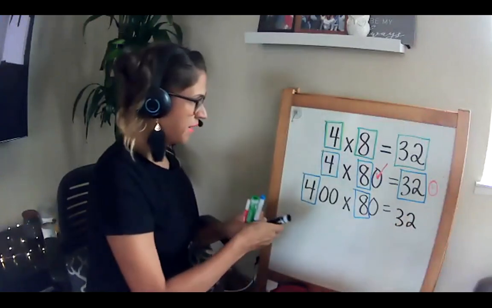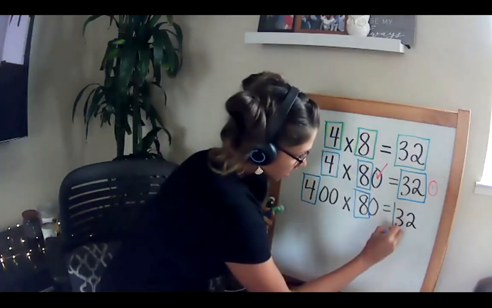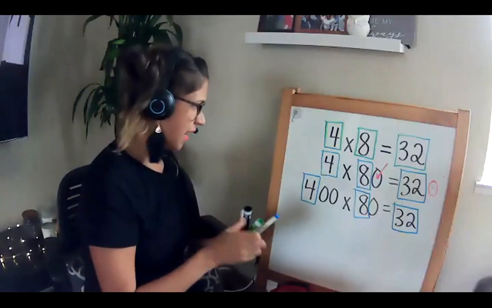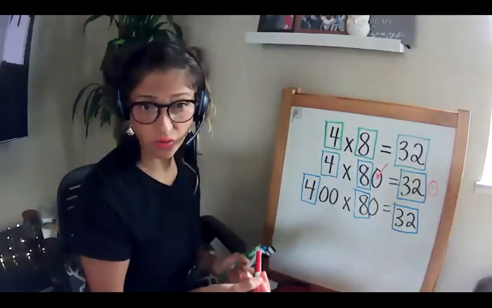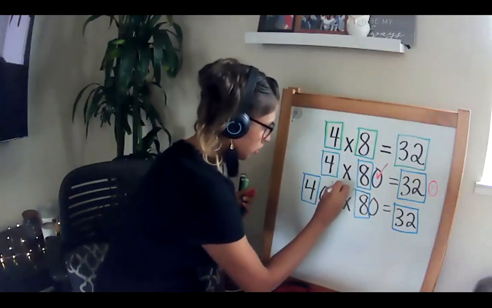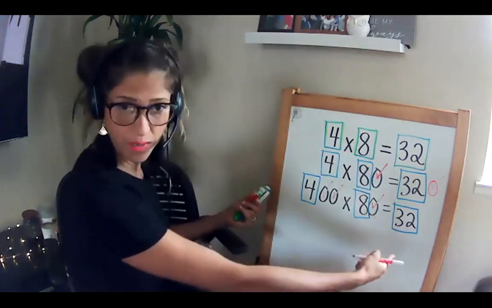Now that I have my basic facts, I'm going to box my product. I don't want to mix it up with the zeros. And count my zeros in both of my factors. So 1, 2, 3. How many zeros are going to be in my product?